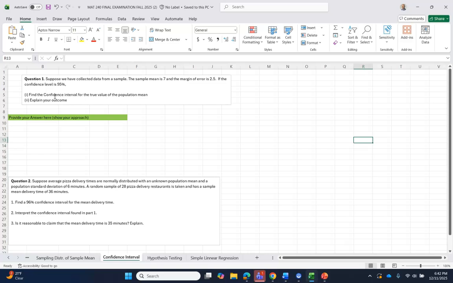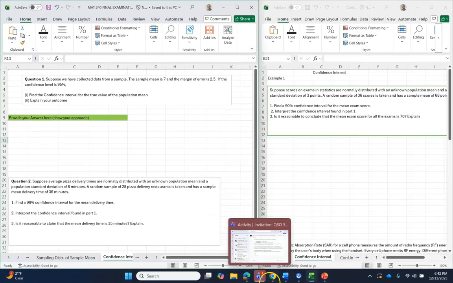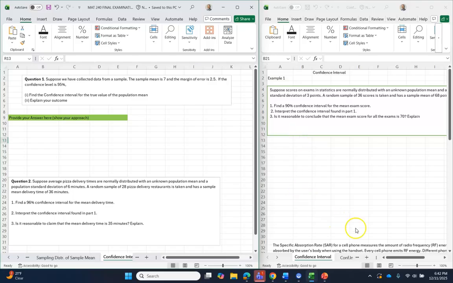I'm going to show you an example that we worked on together in class, to see how we found the confidence interval. Here we have this question.